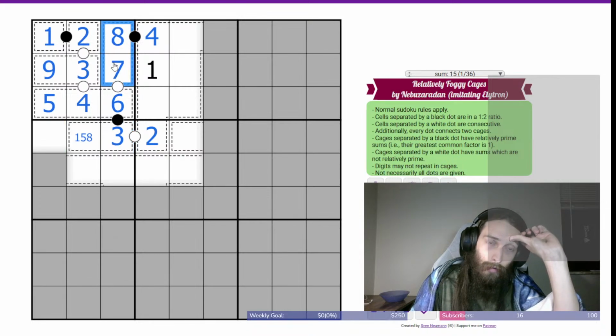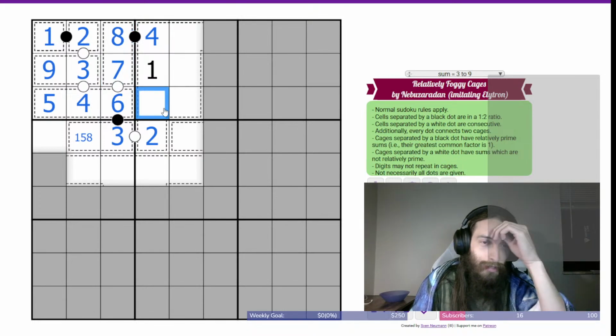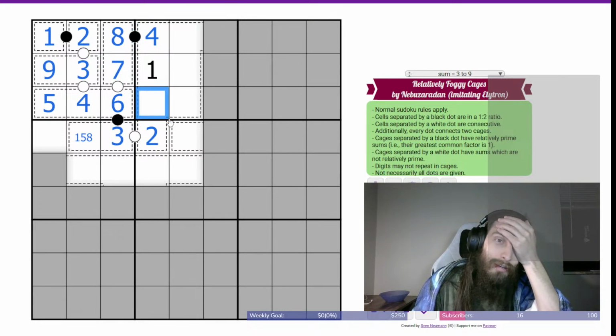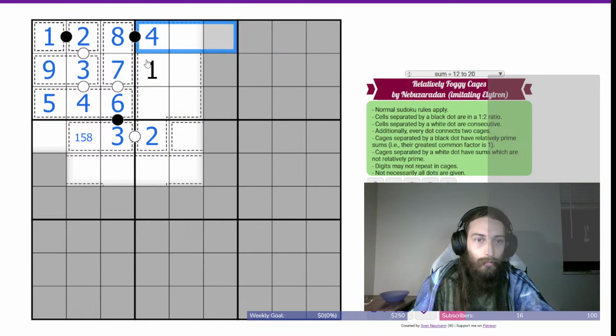Did I say 17? I meant 15. Even if I said 15, I meant 15. Because I said 50. This is at least 8 digits. Could be 9 if it goes all the way to there. Except 9 would be 45, so it ends here. So that's the full cage.